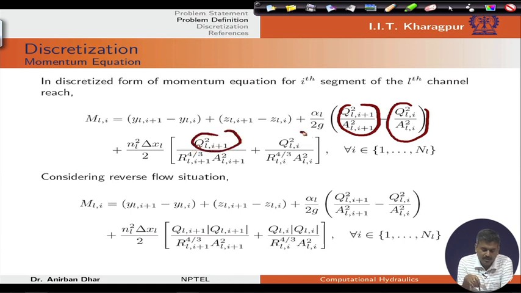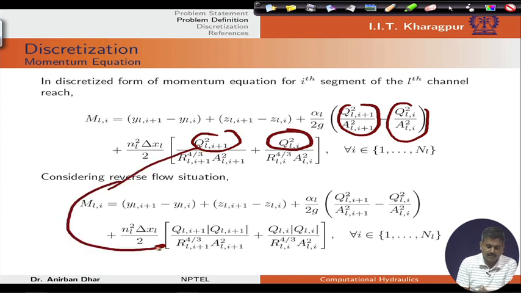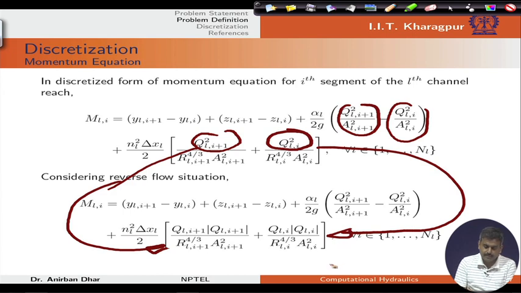This is also Q squared because in that case all values were positive, but in the present case we will change this Q squared, in the quantity for SF or friction slope, with Q and mod of Q. In that case we can get the direction of the friction slope.